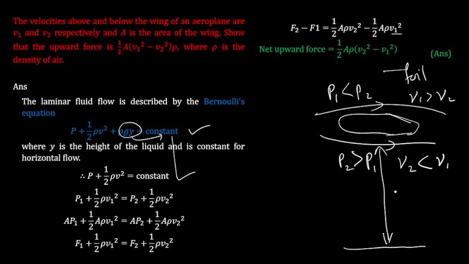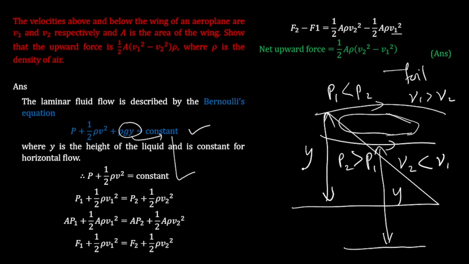relative to which we measure the elevation y of different regions in the stream below. We choose another reference level a little above it, and the elevation of different regions for the stream that is above the wing is y.